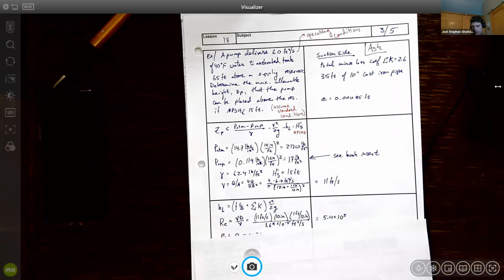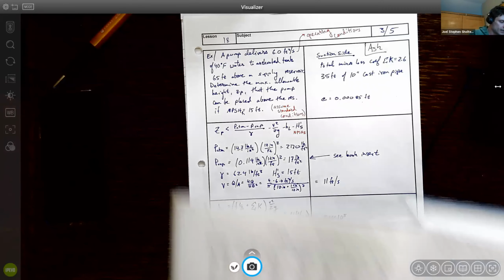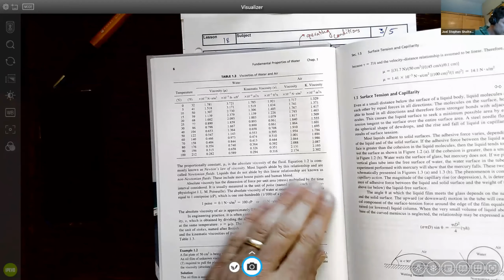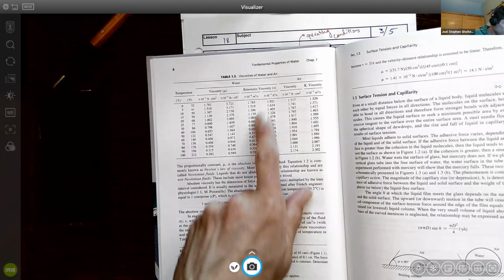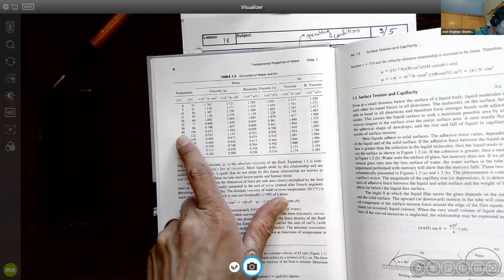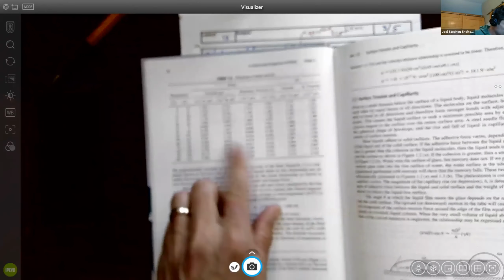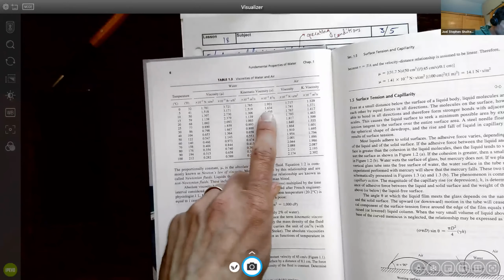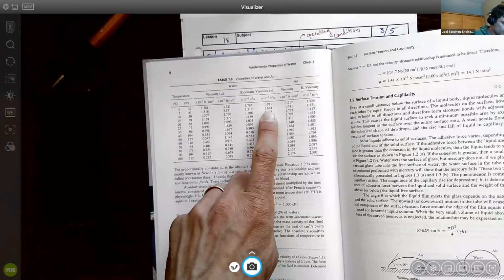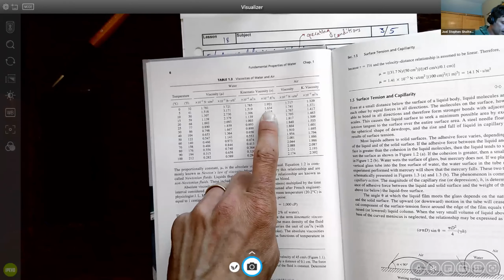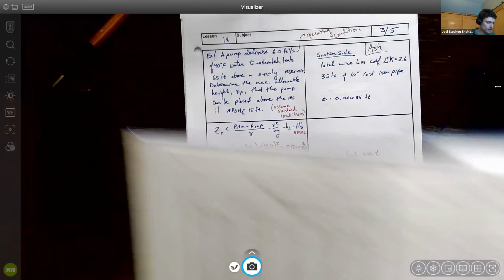Viscosities of water, table 1.3. Kinematic viscosity, and we said 40 Fahrenheit. So 1.634 times 10 to the negative 5 feet squared per second.